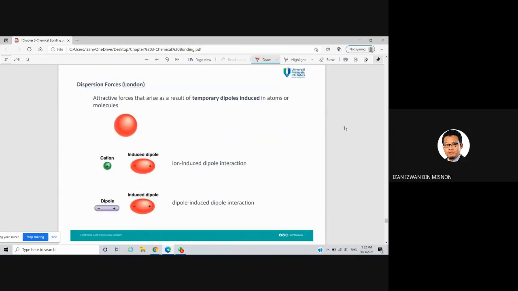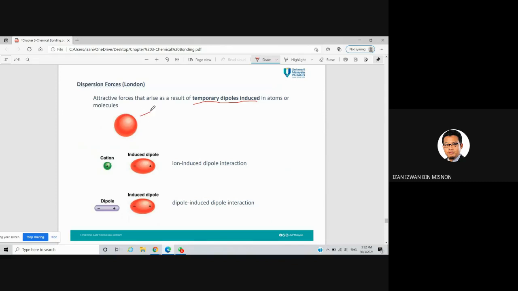Next will be dispersion force, or we call it London force. London force is an attractive force that arises as a result of temporary dipole induced in an atom or molecule. Let's say we have an atom or molecule that has no charge.